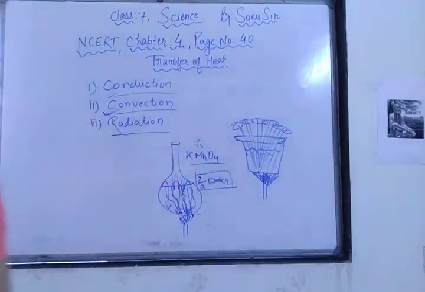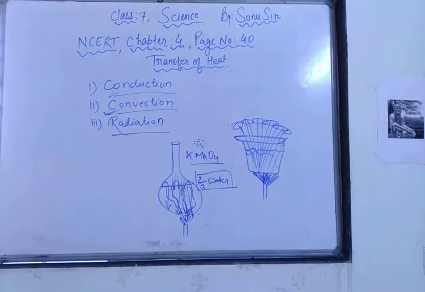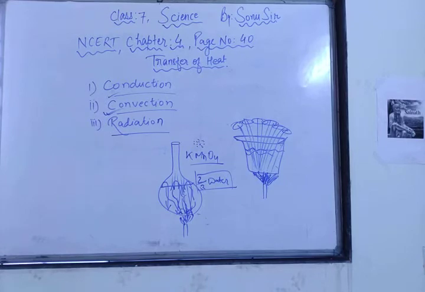As we understand about convection, it is a process by which hot air rises up and cool air comes down. So in general words, the process by which heat is transmitted in liquids and gases by the actual movement of molecules is called convection of heat.